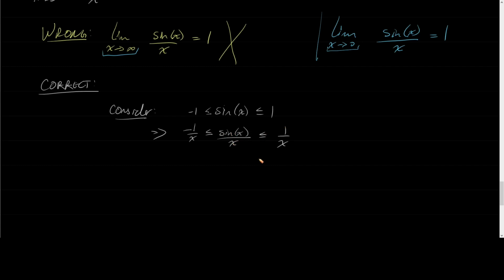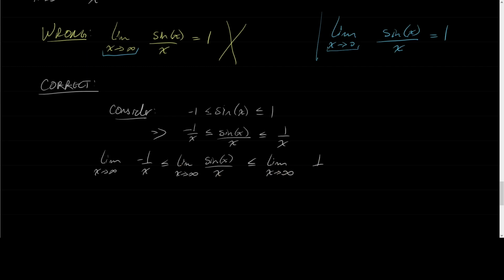All right. If I take the limit as x goes to infinity of each of these, I forgot to write the limit here. So I'm taking the limit as x goes to infinity of all of these.